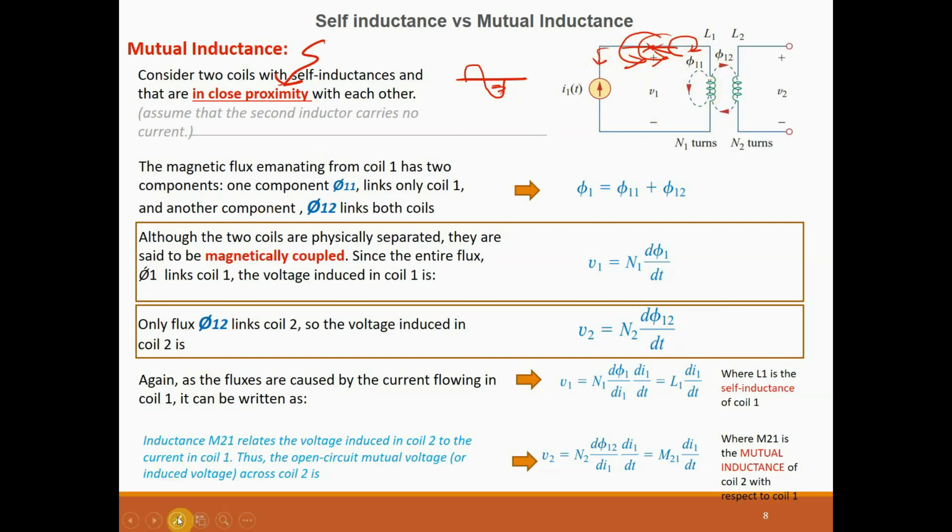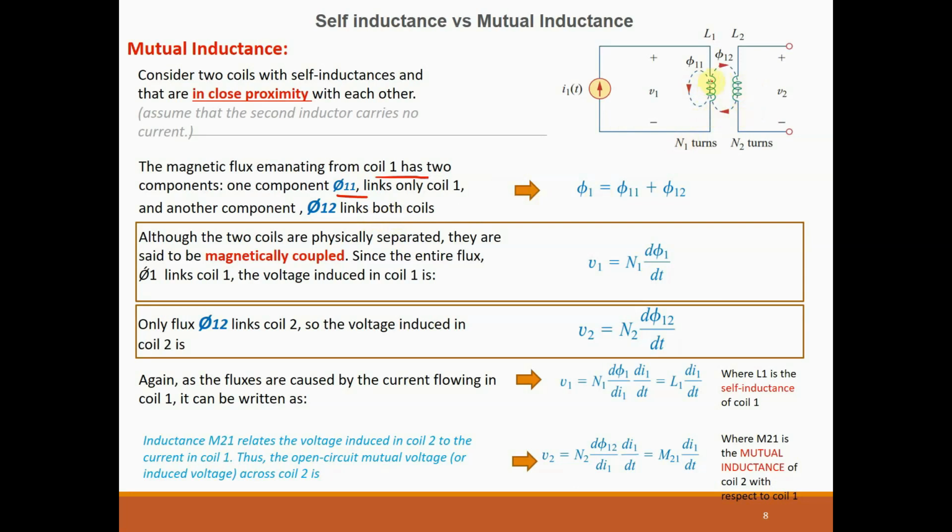But anyway, since there will be a changing magnetic flux, there will be an induced voltage. This magnetic flux emanating from coil 1 has two components: φ11, which links only coil 1, and φ12, which links both the coils, coil 1 and coil 2.